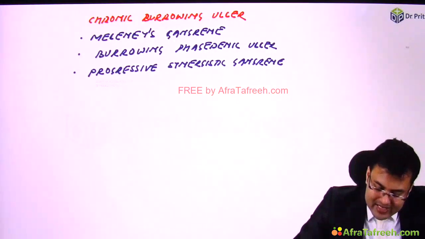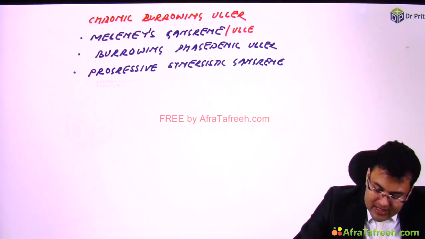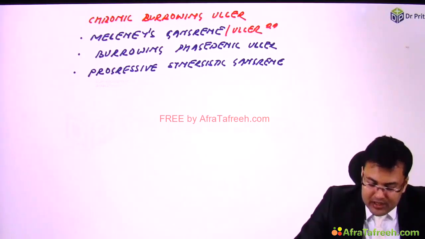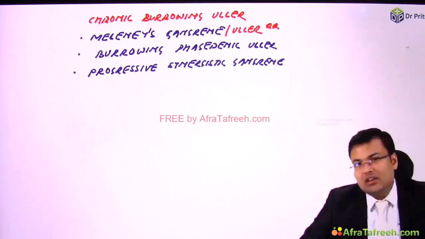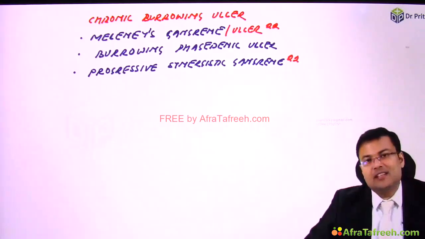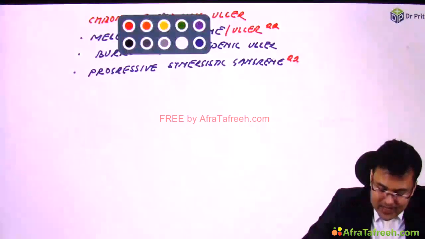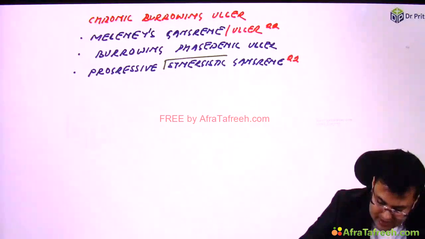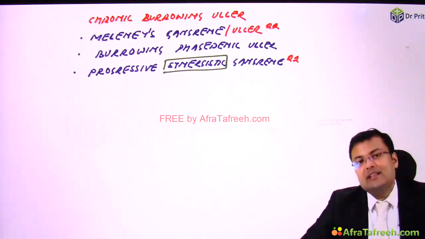What is Meleney gangrene or Meleney ulcer? This is one question. Or they ask, what are the organisms responsible for progressive synergistic gangrene? Since the name is synergistic, obviously it is a synergistic infection.